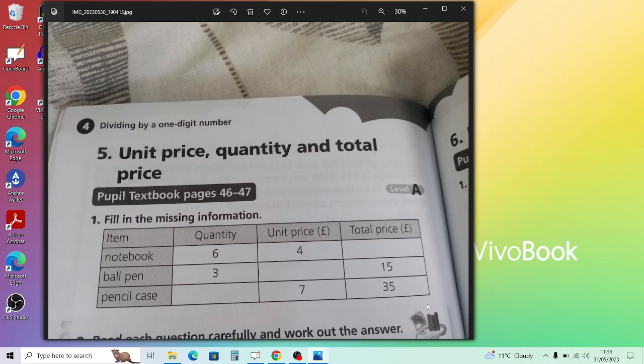So 7 times 5 is 35. 3 times 5 is 15 as well. Yeah, so 10 times 5, so that'll be 50 according to that. If that's right, I'm not sure. Okay. Double check that with the answers.